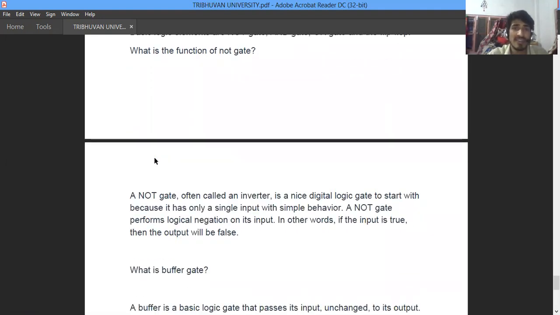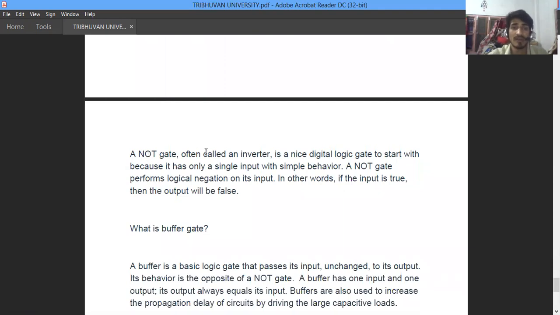The basic function of the NOT gate, often called the inverter, is a nice logic gate to start with because it has only a single input with simple behavior. A NOT gate performs logical negation on its input. In other words, if the input is true, then the output will be false.